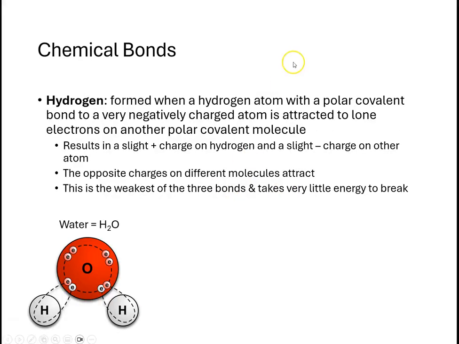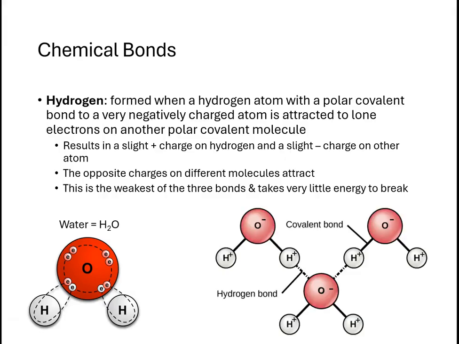And then hydrogen bonds form when a hydrogen atom that has a polar covalent bond to a very negatively charged atom is attracted to lone electrons on another polar covalent molecule. We see this with water. Again, remember those polar covalent bonds result in slight positive or negative charges on the atoms. And so we can still get that positive-negative attraction.